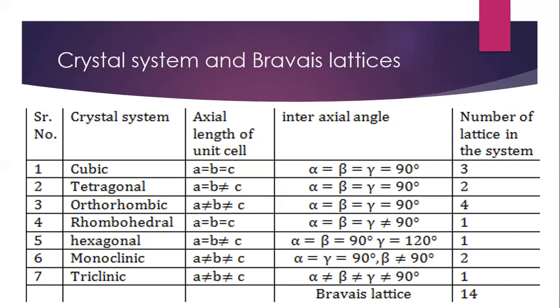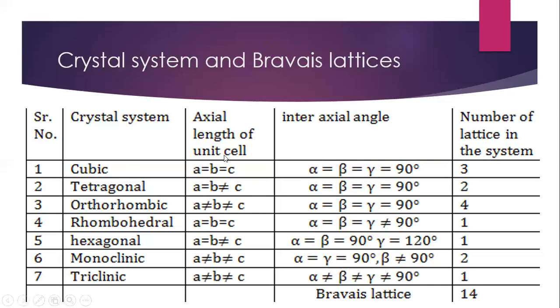So there will be a change in angle and in edge length, so there will be a change in the unit cell. There are 7 types of crystal system, which give 14 different types of unit cell, which is called the Bravais lattice.